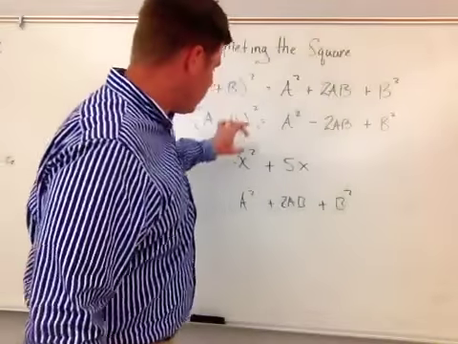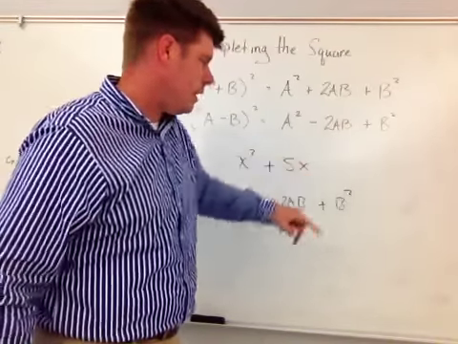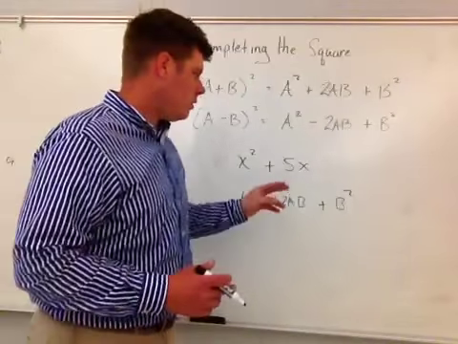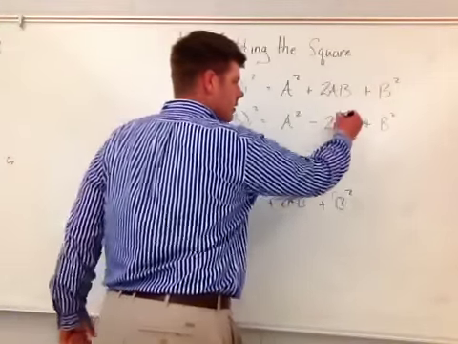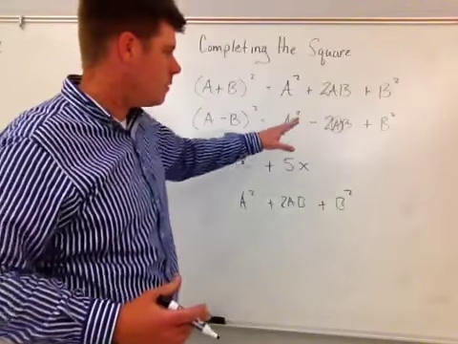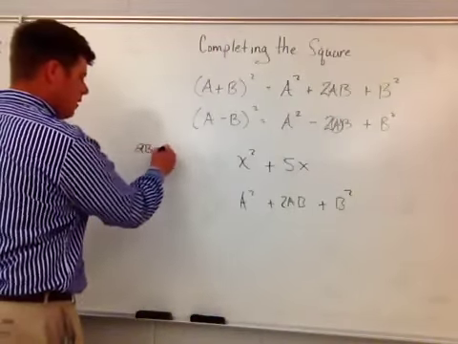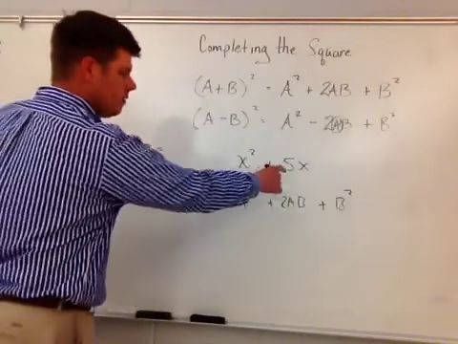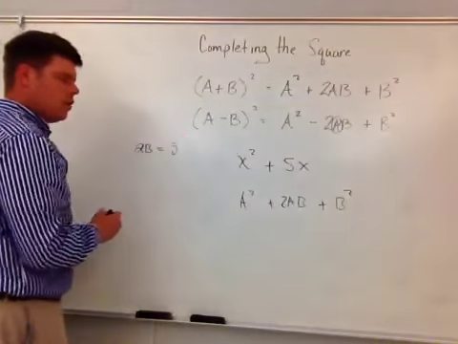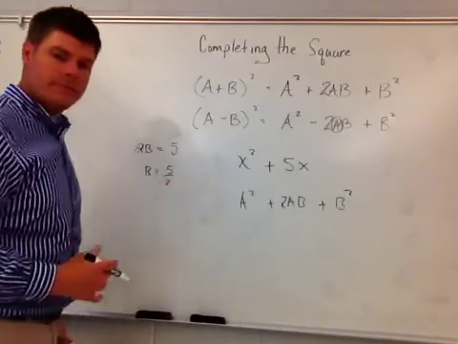So the a here is my x, and the 5x is also replacing the 2ab. So if I've already got that a in that particular formula, what you notice is that 2b has to be whatever this middle term is, which is 5. So by implication, b has to be 5 divided by 2.